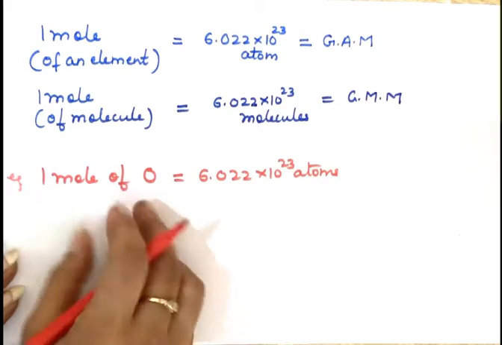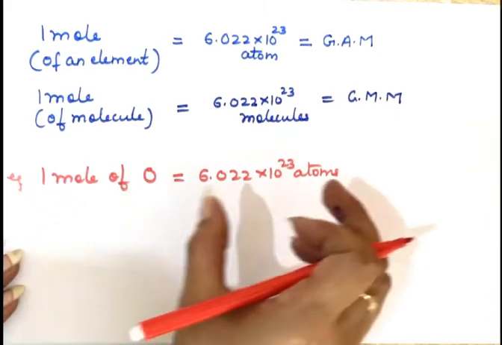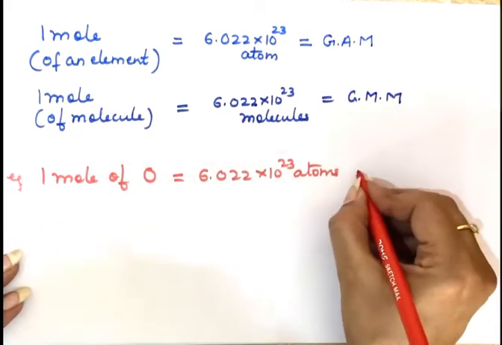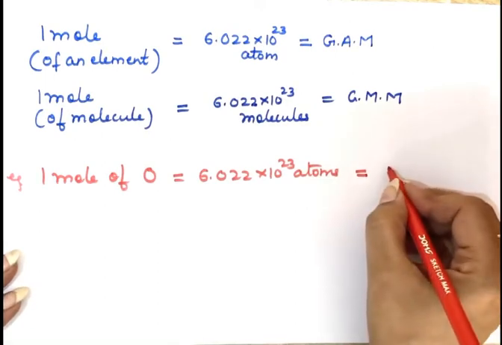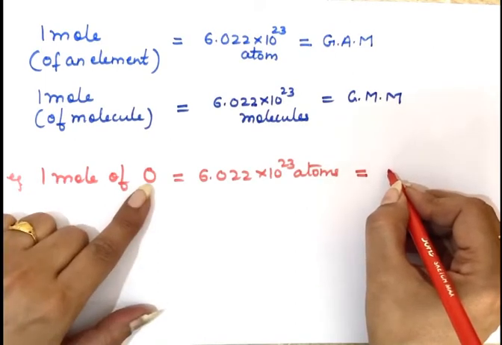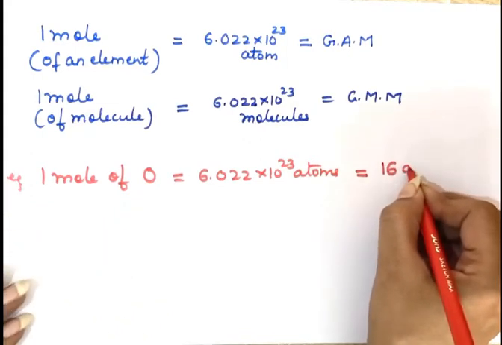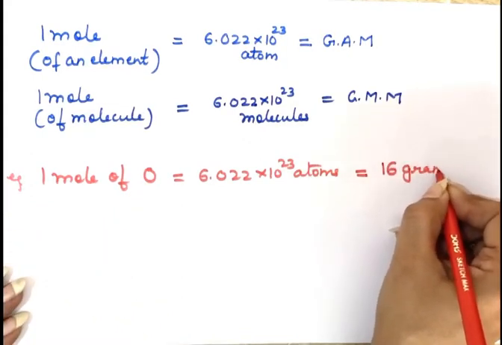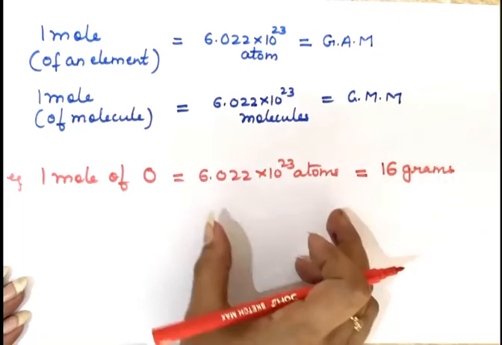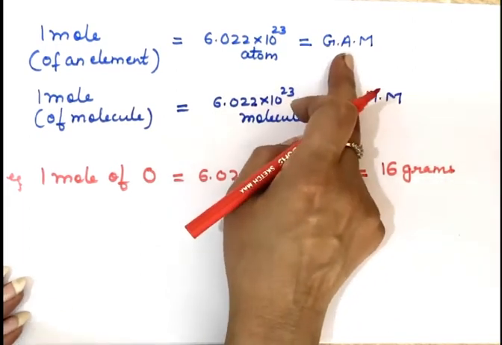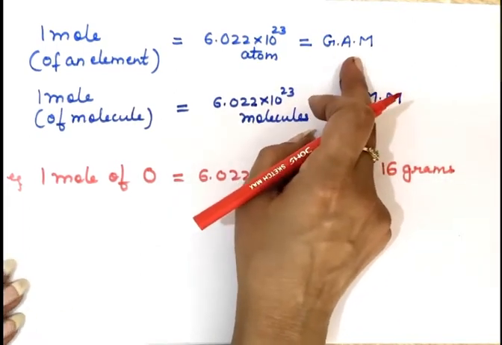And the mass of 1 mole of oxygen, or the mass of these many atoms of oxygen, is equal to its gram atomic mass. We have learned the atomic mass of oxygen as 16, but now I am writing the unit as grams here because this is the mass of these many atoms, so it should be gram atomic mass written in grams.